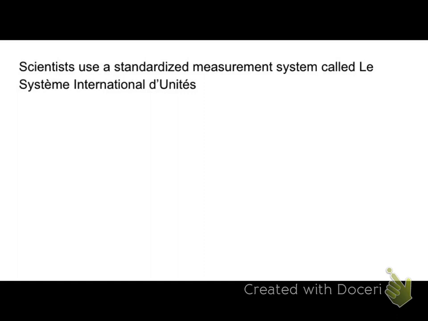You read a lovely little document about it for our bell ringer today. So you should hopefully understand now that the reason for this is because prior to the creation of the International System of Units, people used all kinds of different units. And then when they reported that information to scientists from other countries who were not familiar with those units, it became difficult for them to understand what they were reading.